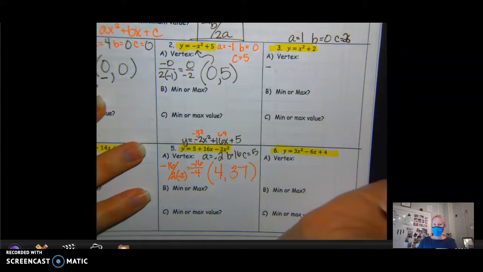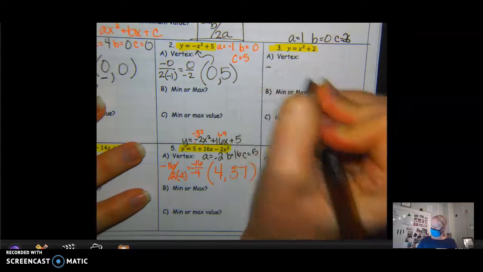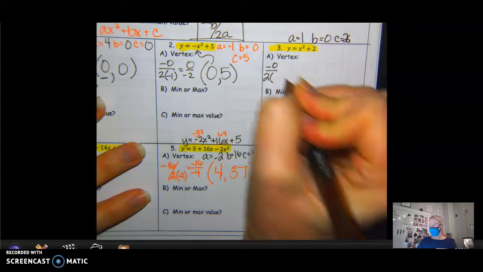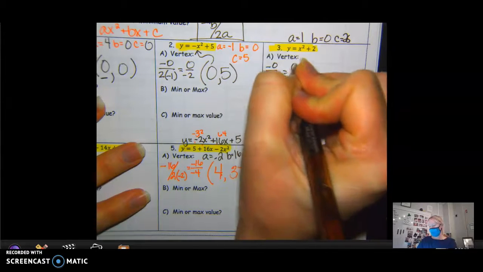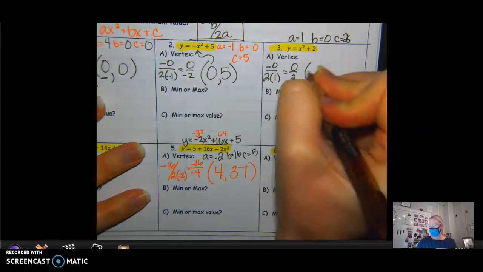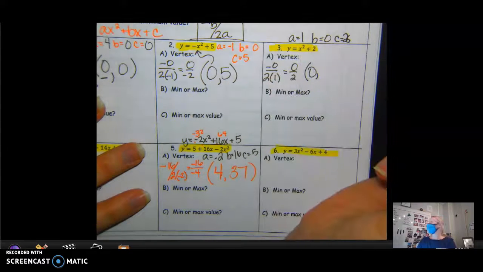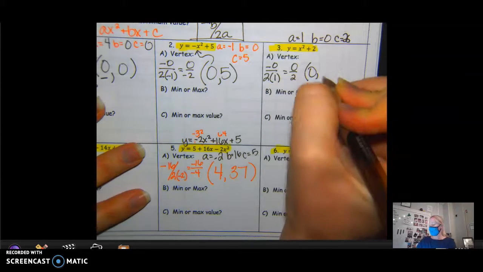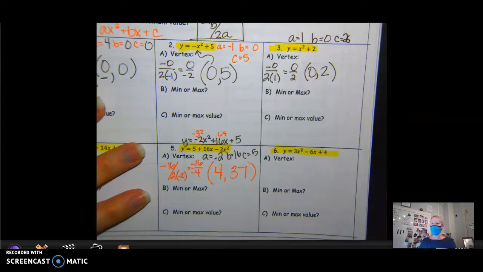So negative what? -0 over 2 times how much? So that's 0 over 2, which just equals how much? 0. Plug it in to find your y value. So what's 0 squared? 0 plus 2 is 2. There's your vertex.